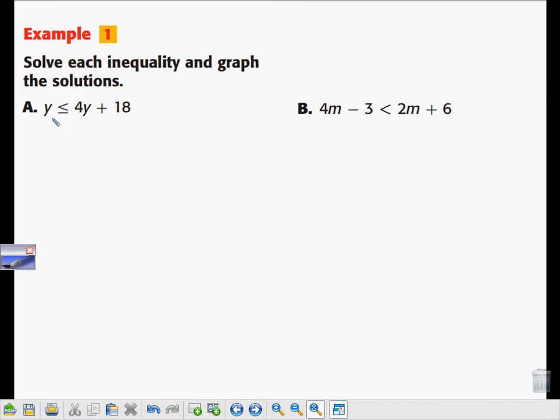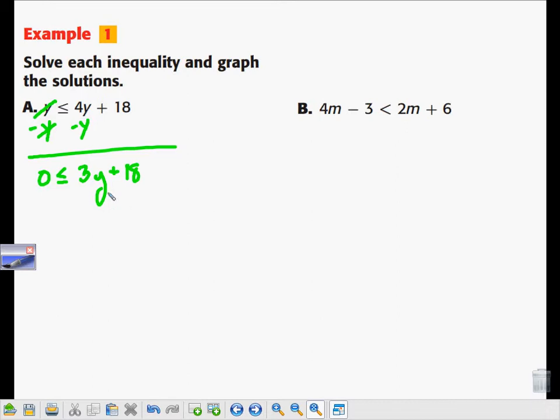So let's go ahead. Here we notice in example 1a, I have a y on both sides of the inequality. So I'll begin by subtracting y from both sides. This gets rid of it from the left, leaving me with 0 is less than or equal to 3y plus 18.